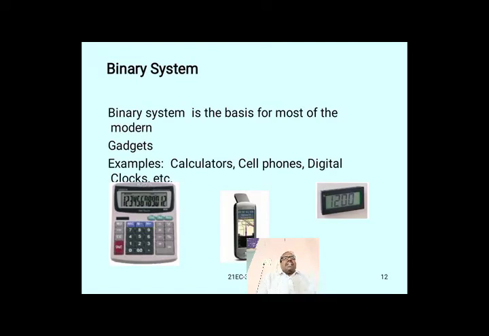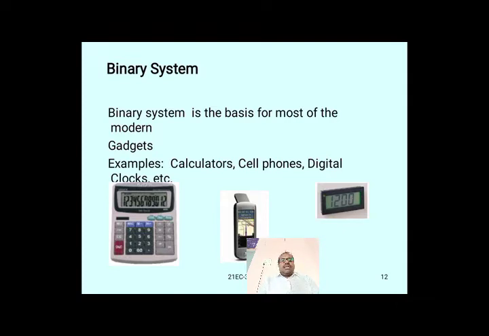Next one is the binary system. See, the binary system is the basis for most of the modern gadgets, for example calculators, cell phones, digital clocks, etc. Here I have shown the different types of calculators, cell phones, digital clocks also.